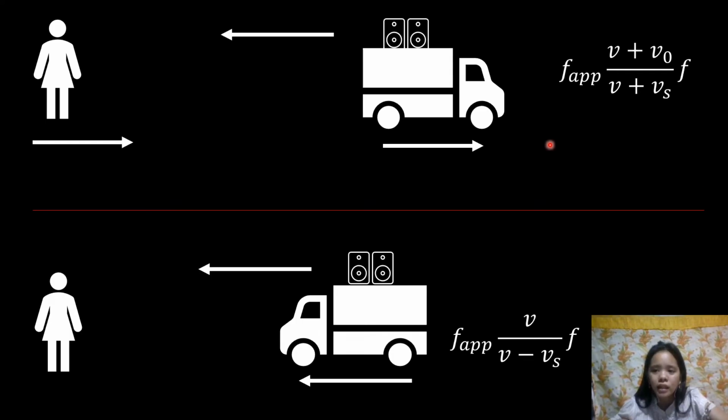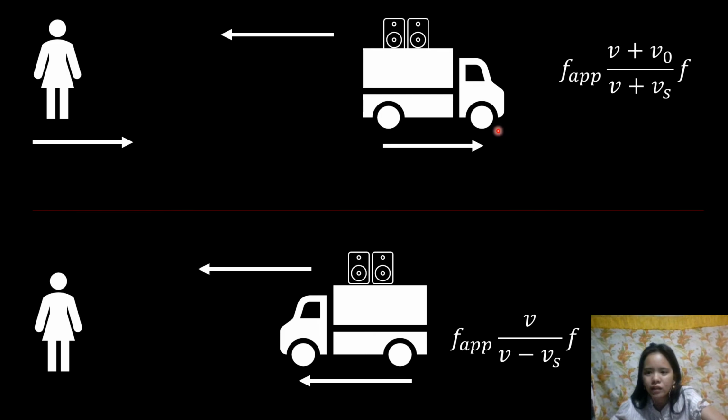So let's say that the source and the observer are moving in the same direction. This observer is moving from left to right, and this source is also moving from left to right, with velocity V naught for the observer and velocity Vs for the source.